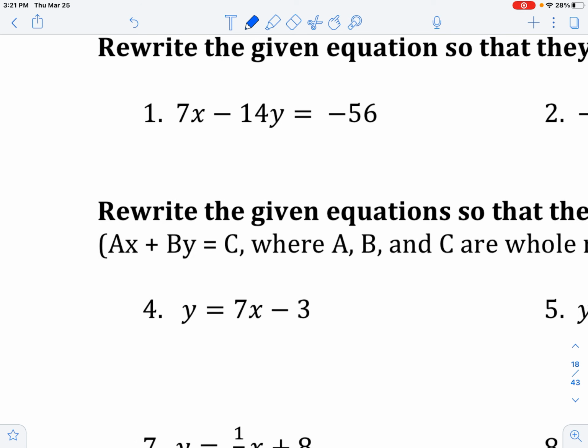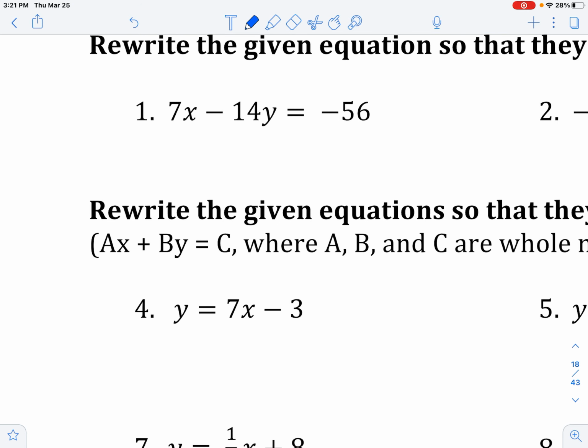If I pick the first question, 7x minus 14y, I need to subtract 7x from both sides, that is negative 14y is equal to minus 7x minus 56.